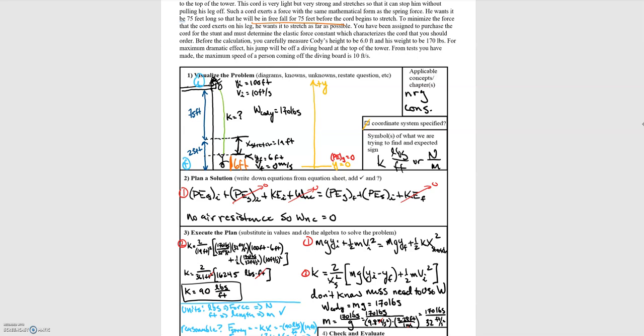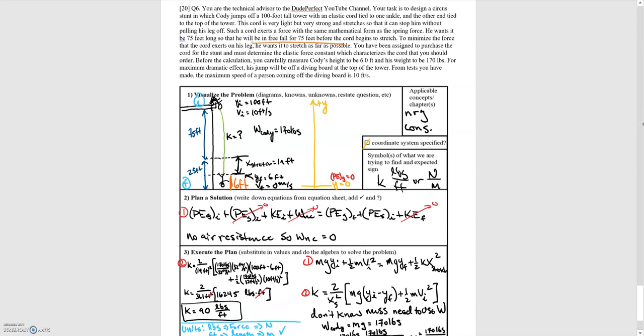In terms of our stretching distance for a spring, we're not including that distance because we want to make sure that Cody survives this jump. If we take this 25 as our whole stretching distance, then Cody is going to be stuck to the ground, and that's not going to be too good.